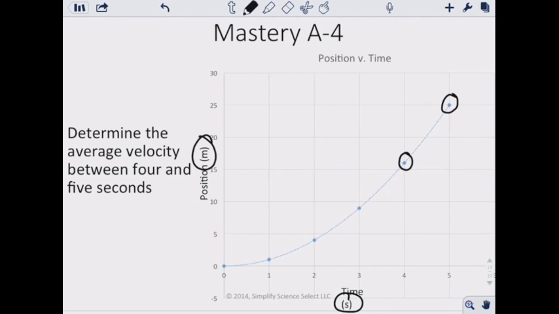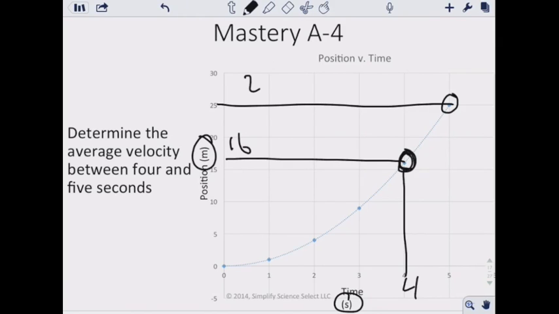So we go ahead and we take this, and when we're looking at it, this is right around 16. If we kind of go over here, we'll say that that's 16, and then when we look down here, that is 4. And we look at this one, this is 25, and we look down, that is 5.